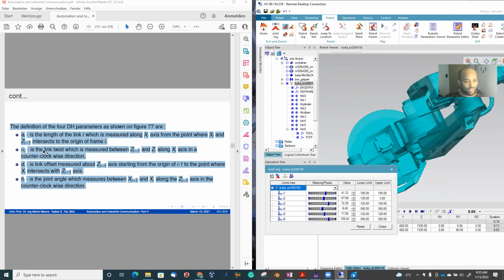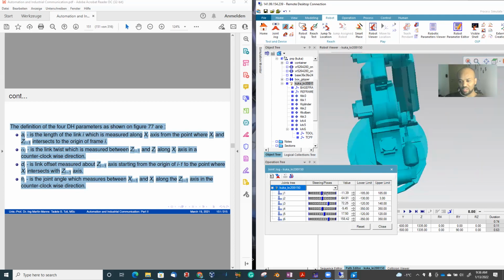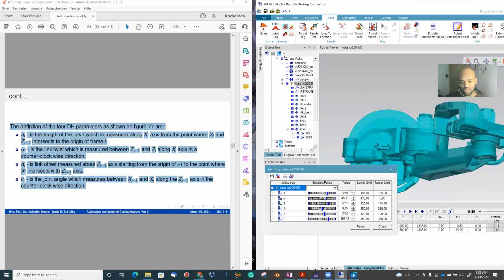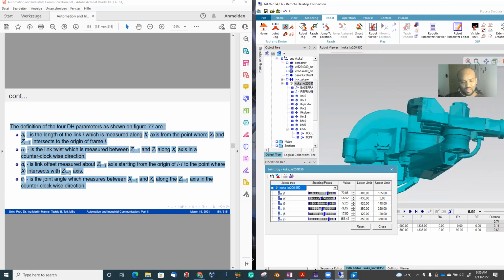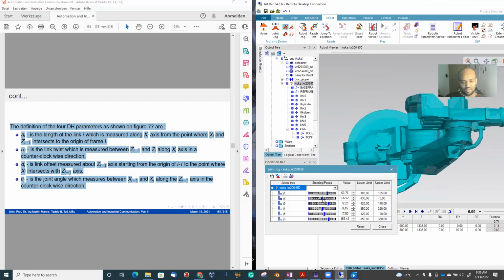Alpha 2 is the link twist, which is measured between Z1 and Z2 along the X axis. That's why I have this offset. I'm moving on the Z axis, so it is only rotating the Z axis.